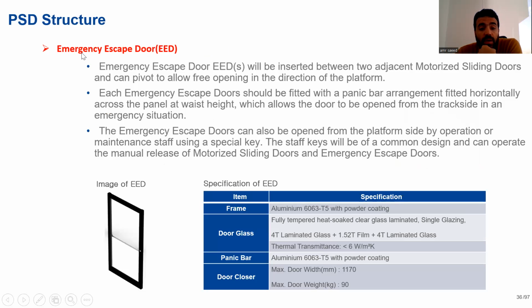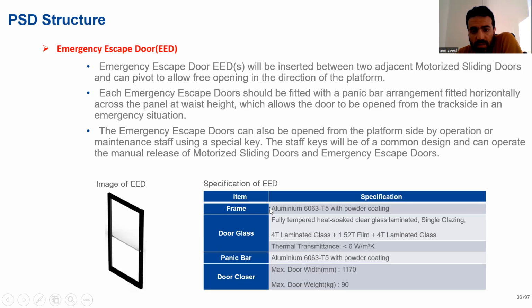Okay, this is another important component, which is the emergency escape or emergency exit door, which is inserted between 2 motorized sliding doors. You can open it from the track side, from this panic bar, in any emergency situation.